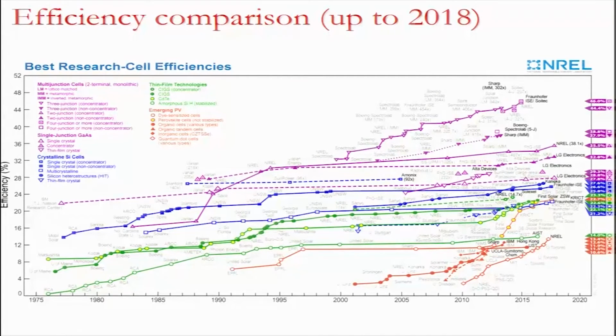So this one on the right here, 25.8. And if you use the concentrator technology, which uses concentrated sunlight, the efficiency is about 27.6%, which means the intensity is not AM 1.5, it is higher than AM 1.5.